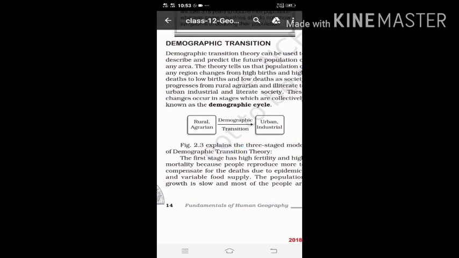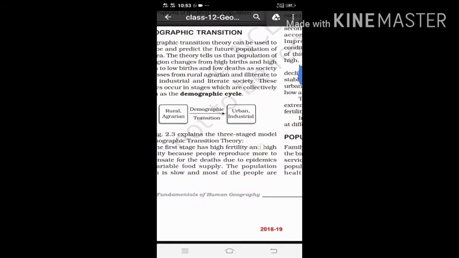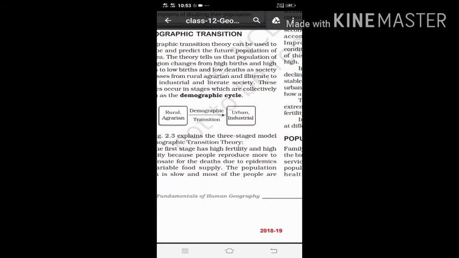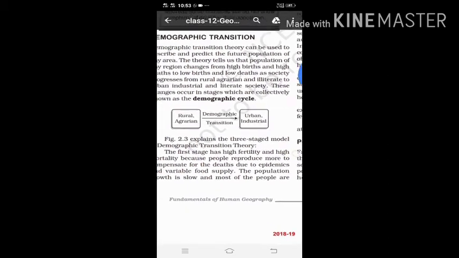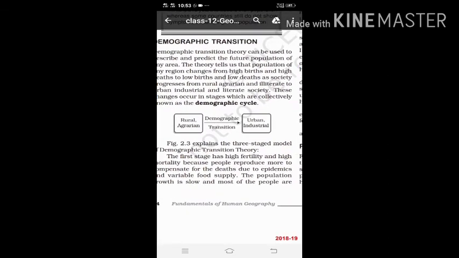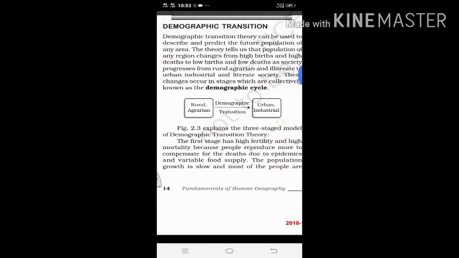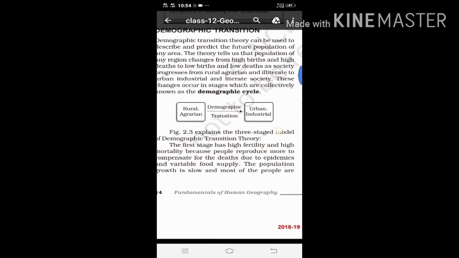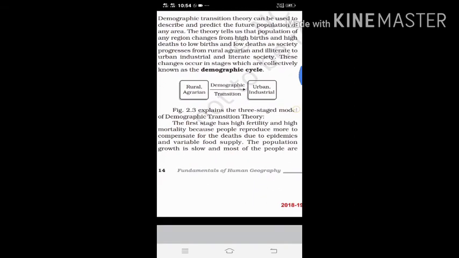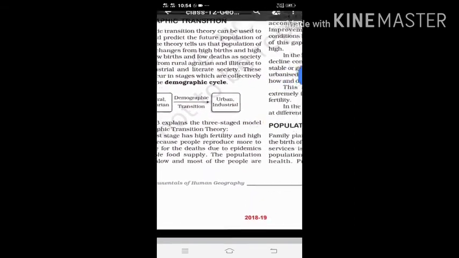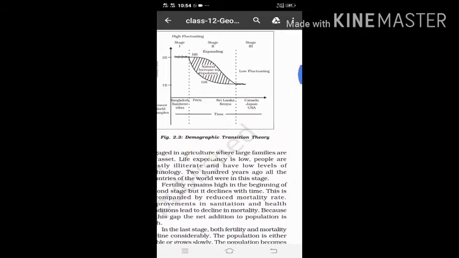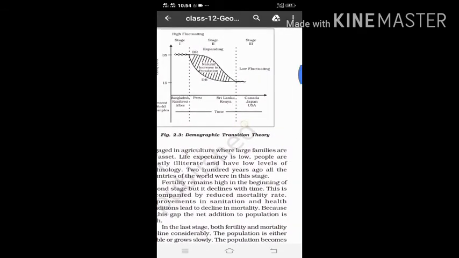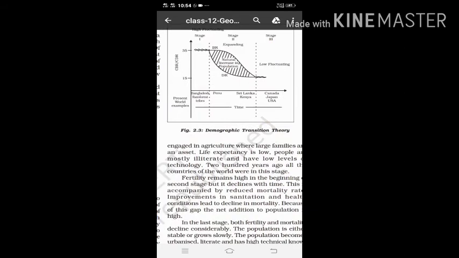So then comes that what are the three stages in the demographic transition theory. In the first stage there is high fertility and high mortality, because people reproduce more to compensate for their deaths due to epidemics and variable food supply. The population growth is slow and most of the people are engaged in agriculture where large families are an asset.